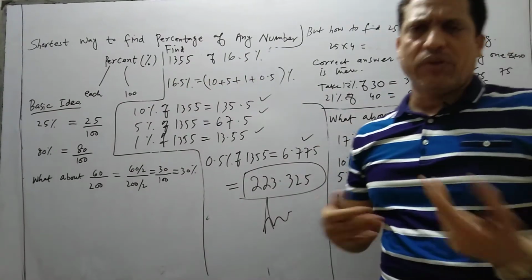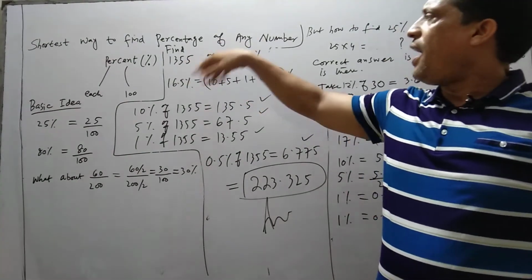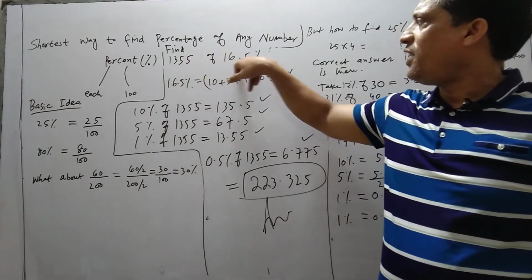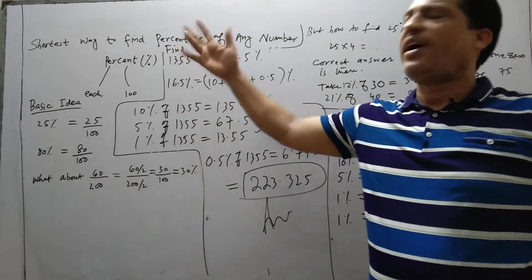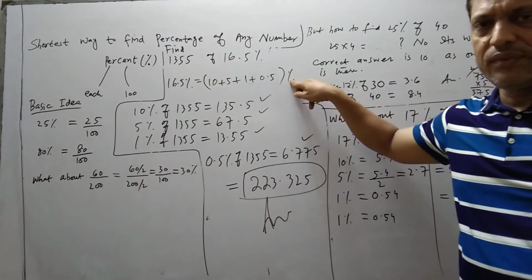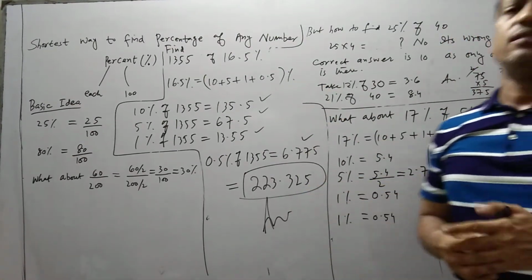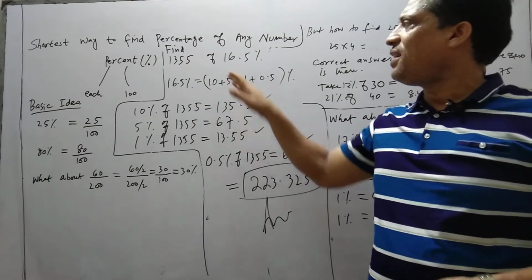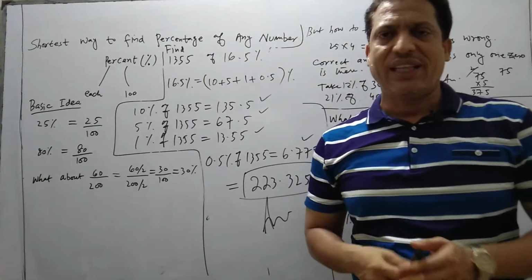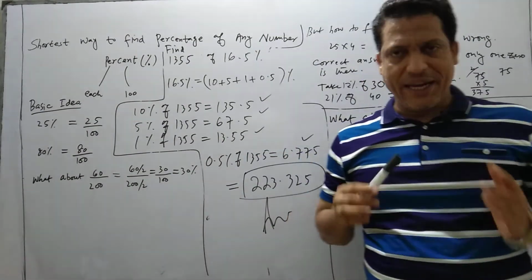Now take many questions yourself, like 135.5 of 16.5. You can take 2455 of 29.5 and split it in this way to get the answer. And I assure you, you can take 10 to 15 seconds to find the percentage of any number, whether it is a very large number or in decimal form or in any other form.